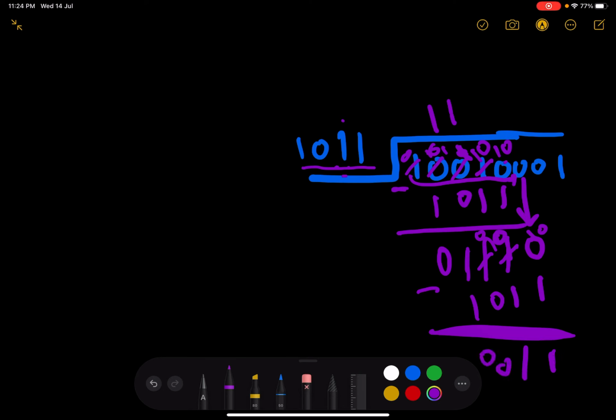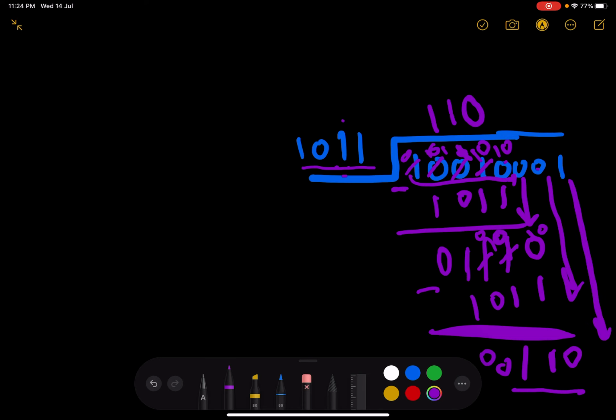So now we need to take this bit, but after taking this bit down, as you can see, the number here is less than this number. So before taking this one down, we're going to write here 0. After writing here 0, it's like we're taking the permission from this number to come here.